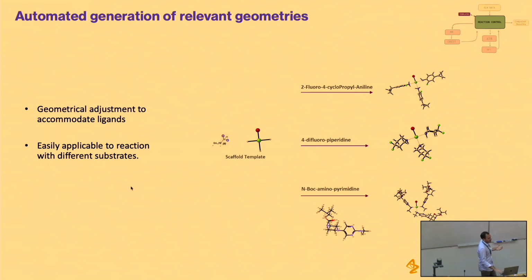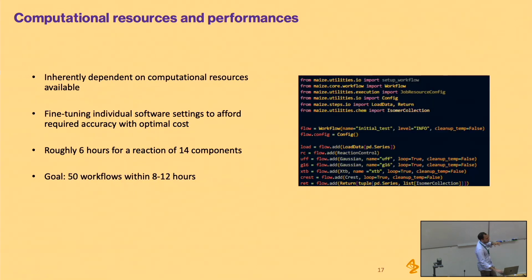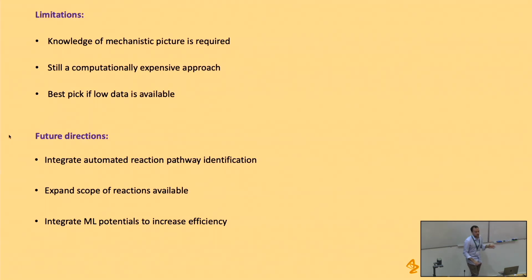The workflow is not able to generate them automatically. So this is a method that for now is only suitable for reactions where we have at least knowledge of the mechanism.